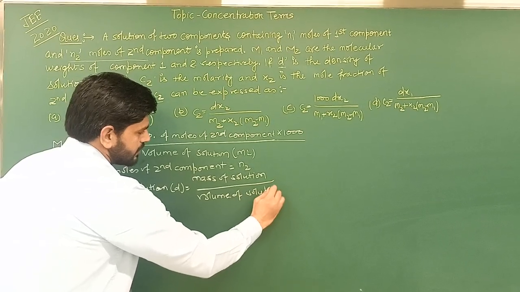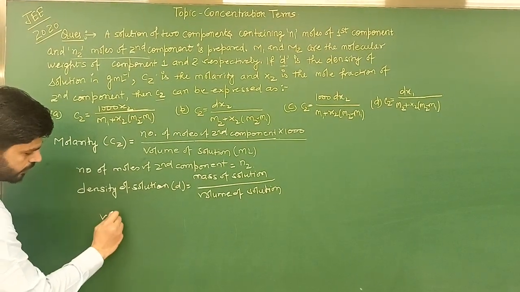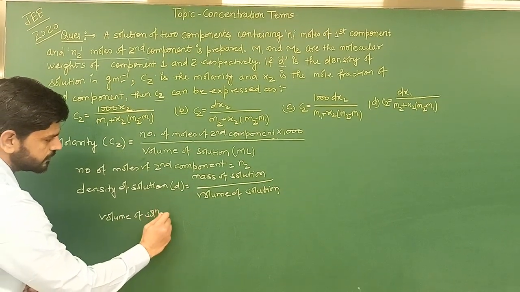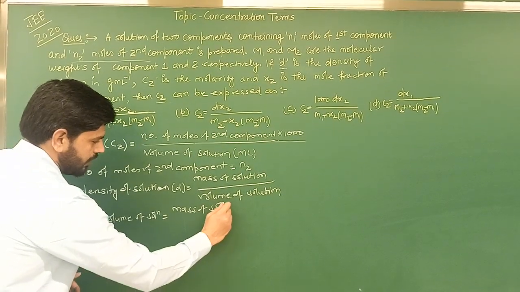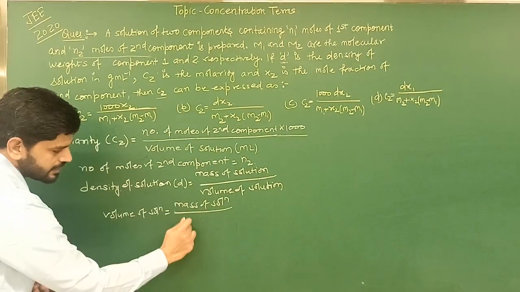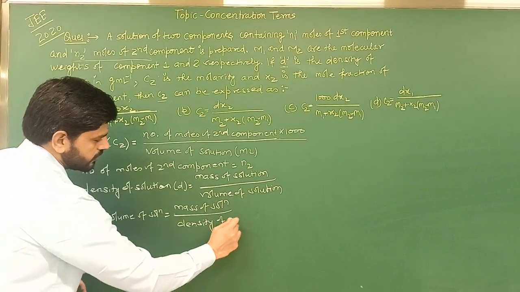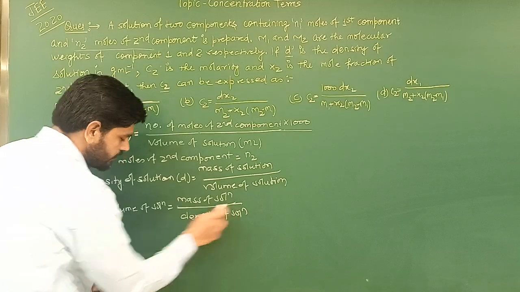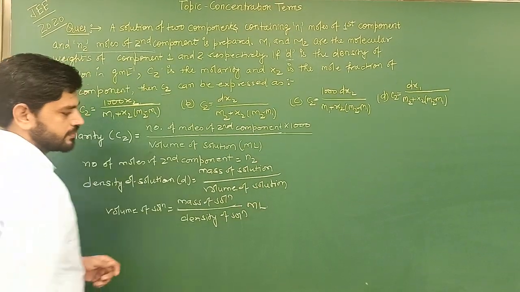What is our task? To find out the volume. So how can we find out the volume? Therefore volume of solution is equal to mass of solution divided by density of solution. And the density is given in gram per ml. Therefore what should be the unit of this volume? The volume has the unit of ml.